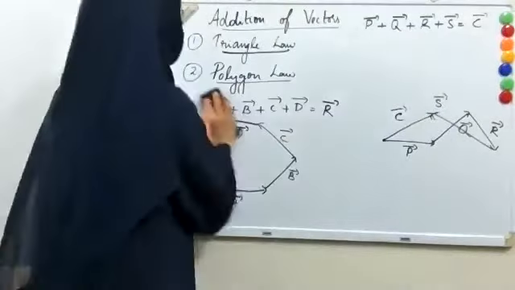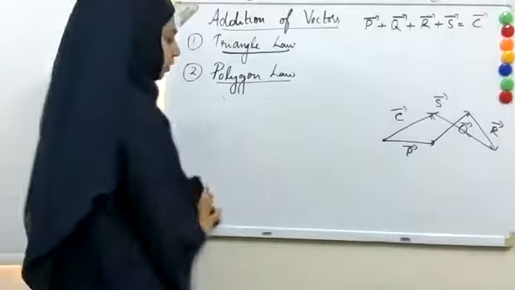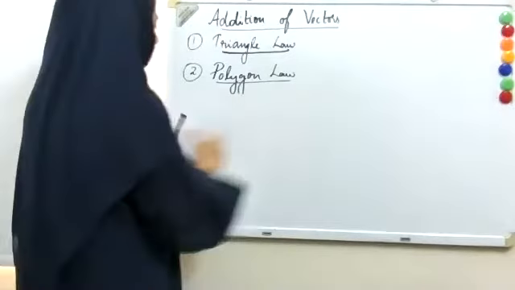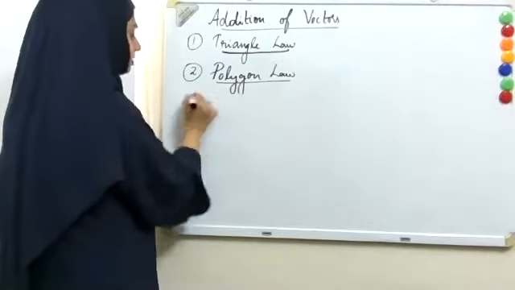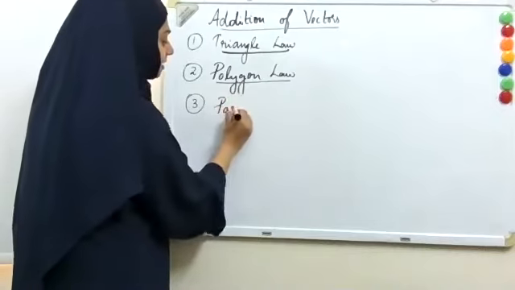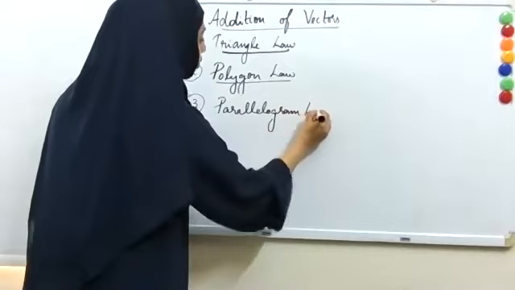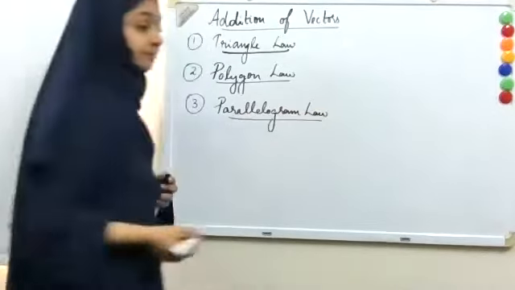Yes, teacher. Okay. Now let me go to the last law, which we call the parallelogram law. The third law, which is called the parallelogram law. What is meant by a parallelogram?